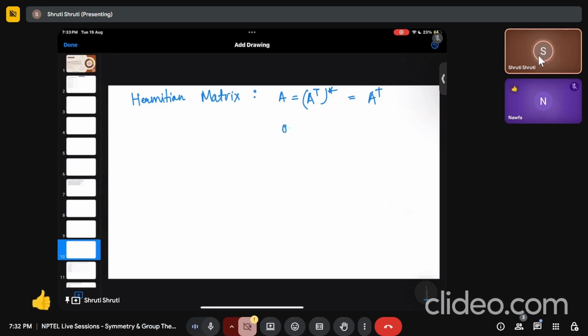Transpose conjugate or conjugate transpose, this is also written as this. It does not matter which operation you apply first, either you do a conjugate and then transpose, or you do a transpose first and then calculate the conjugate. Okay, so in a Hermitian matrix the diagonal elements are real.